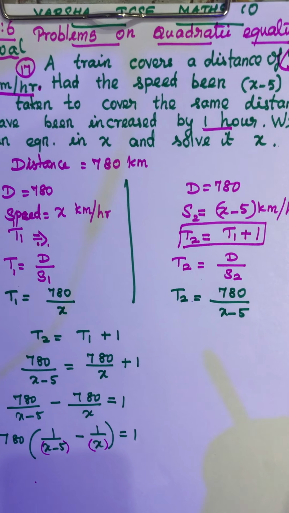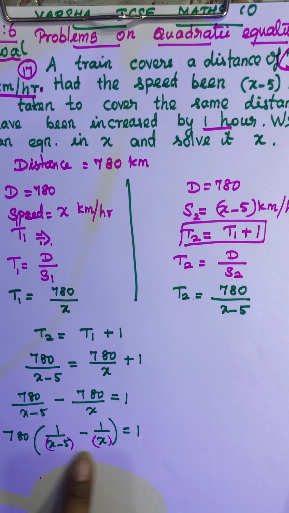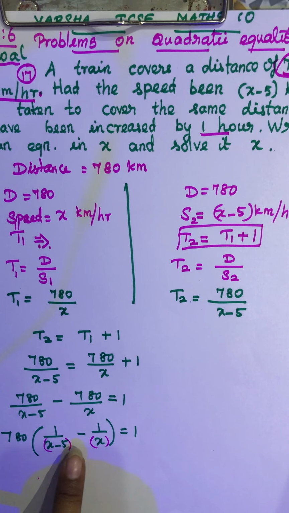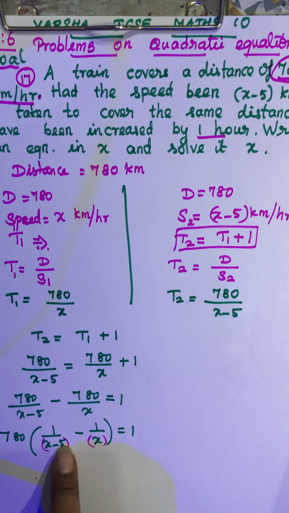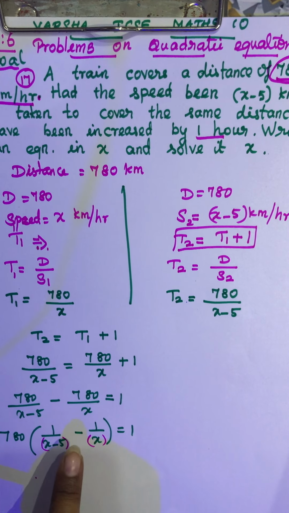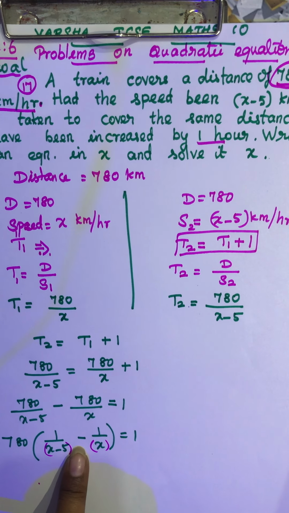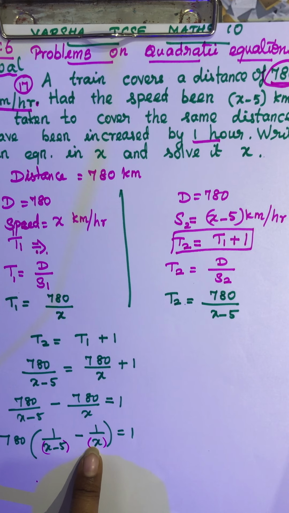One student asked me when to use the LCM method and when cross multiplication. This is the LCM method only. When you have to add or subtract, the fractions can be combined by the LCM method.